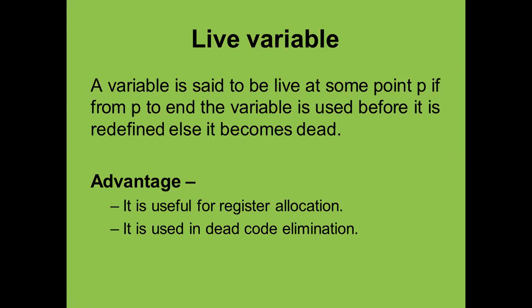A variable is said to be live at some point P if from P to end the variable is used before it is redefined. It means you are using the same variable until it is redefined, else it becomes dead. Otherwise, it is called dead.